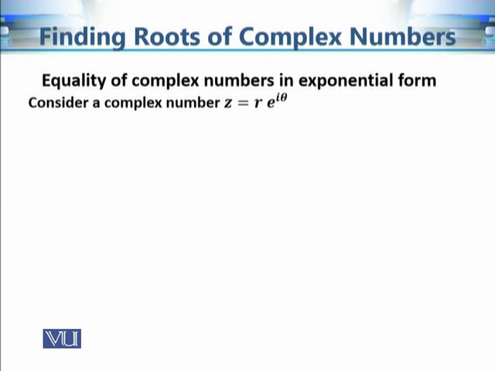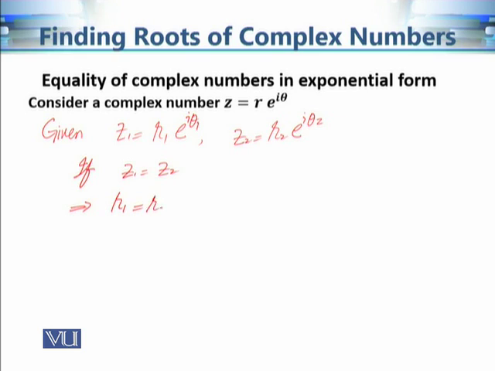Now, if I'm given two complex numbers, r1 e raised to power iota theta 1 and another complex number r2 e raised to power iota theta 2, and if we assume that these two complex numbers are equal, then of course their moduli should be equal. In other words, r1 should be equal to r2. As a first observation, it comes to mind that theta 1 should be equal to theta 2.